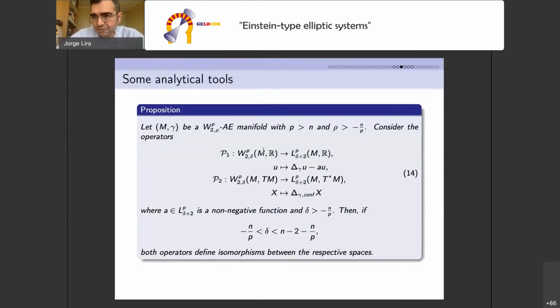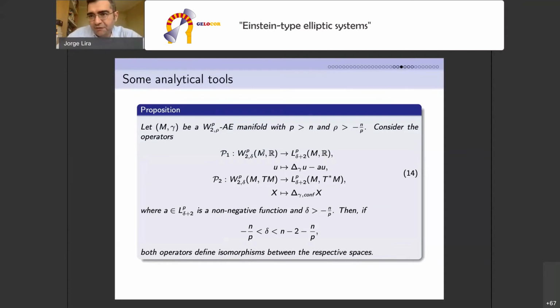We're assuming since the beginning that M is either compact or M is complete, non-compact, but asymptotic in the sense that outside some compact regions, each end of M is asymptotically Euclidean. The metric in each end of M is very close to the Euclidean metric, and the metric in each end decays at a certain rate to the Euclidean metric.